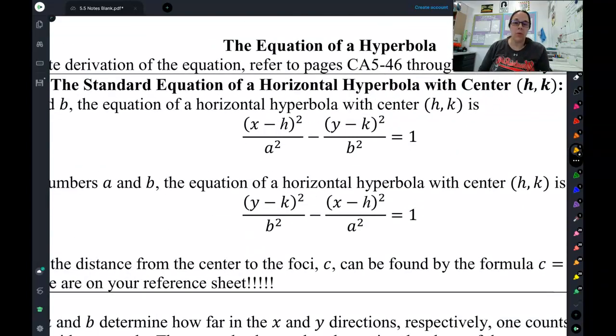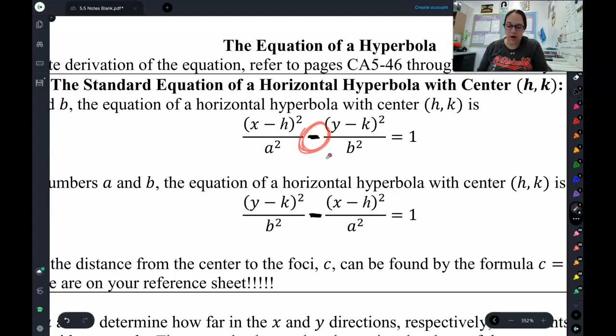So the first thing you'll note when we look at our equation is we have two versions of our equation here. In this top version, we have x that comes first, and then we have this big minus sign. In the bottom version, we have y that comes first, and then we have this big minus sign. You will probably also notice that these equations look awfully similar to the ellipse equation. The only difference is that now we're subtracting these two fractions instead of adding them like we did for an ellipse.